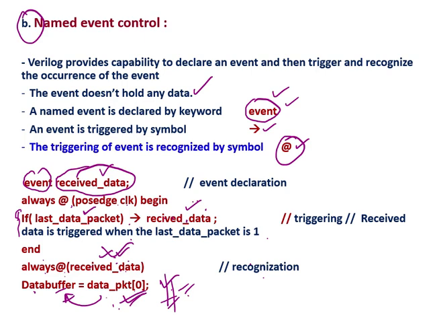Unless I have the data received, I cannot store the data. Here I am storing the data, right? So this @, this triggering event and this named event, is controlling my flow of data. Okay, so this is how the named event control works.